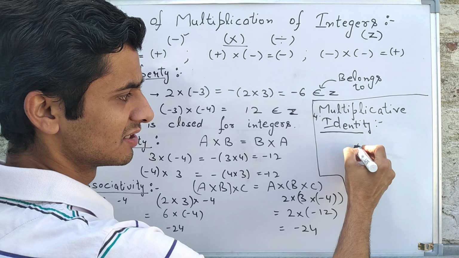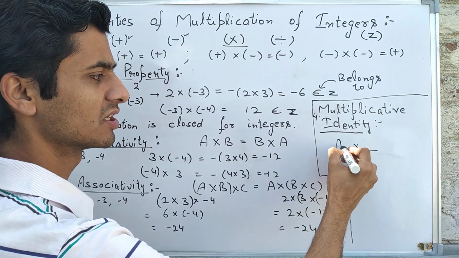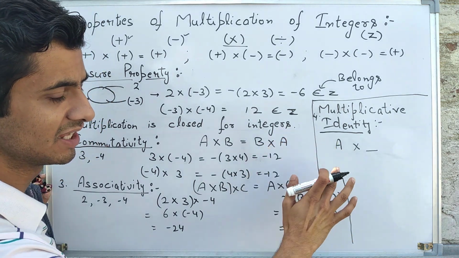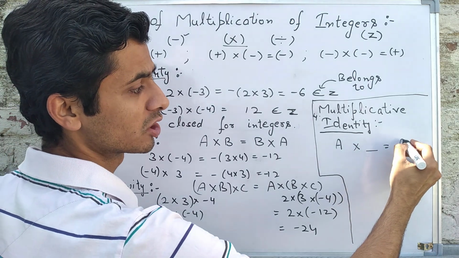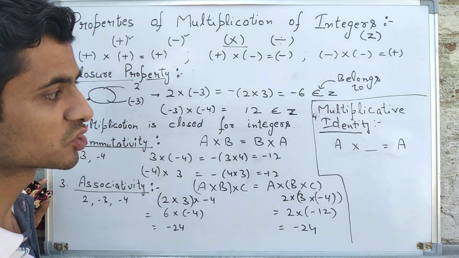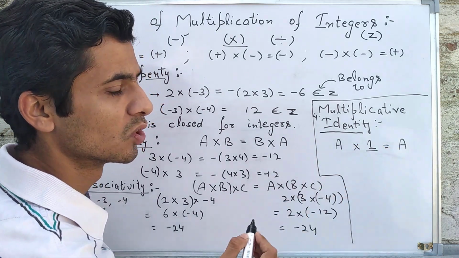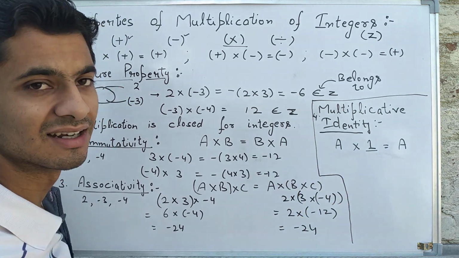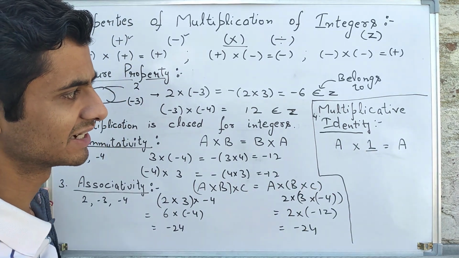Such a number that you multiply with any number. Suppose the number is a variable, any number a, you multiply it with that number, the result should remain the same. The number should not lose its identity. So obviously what would be the multiplicative identity? 1. Any number you take, you multiply it with 1, the result remains the same. So 1 is called the multiplicative identity.